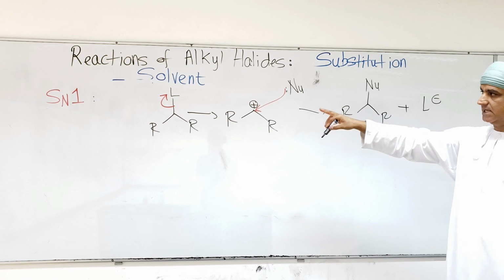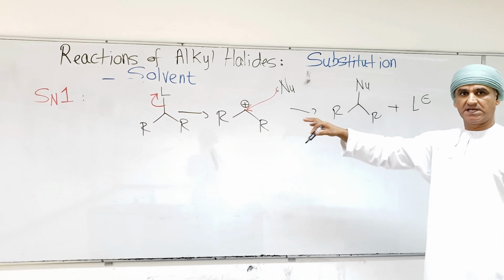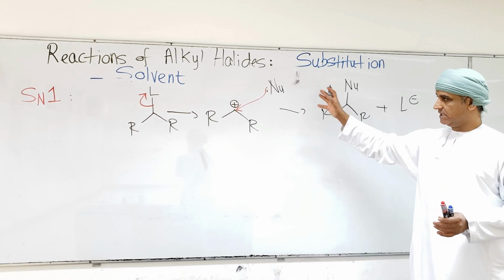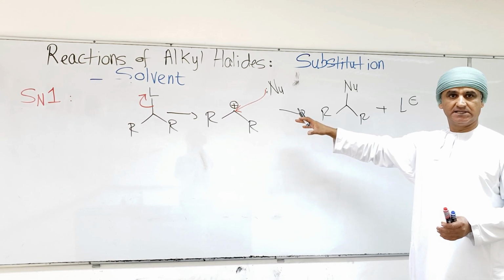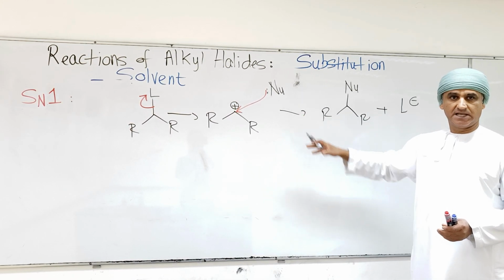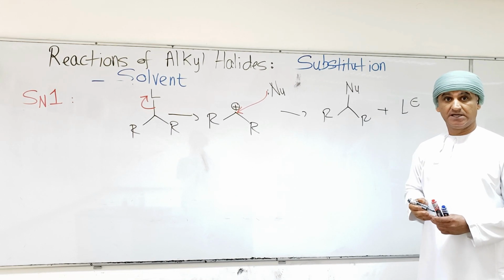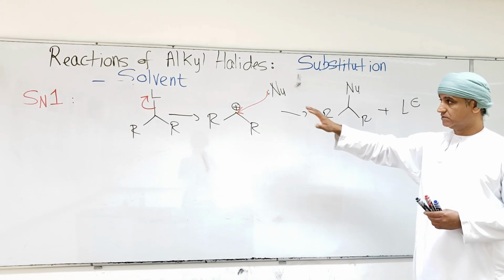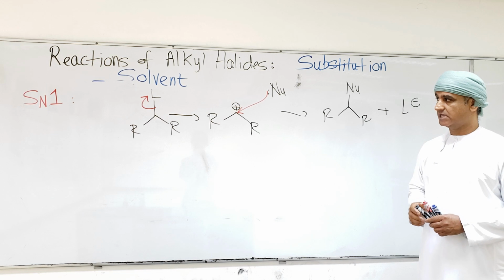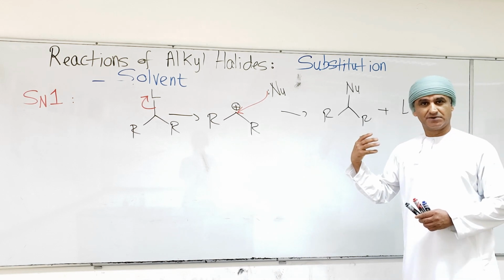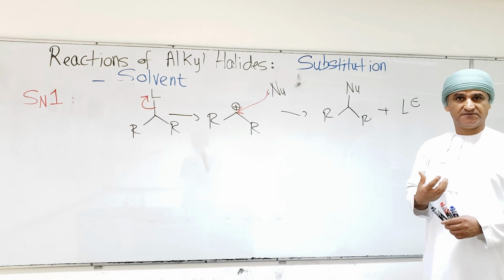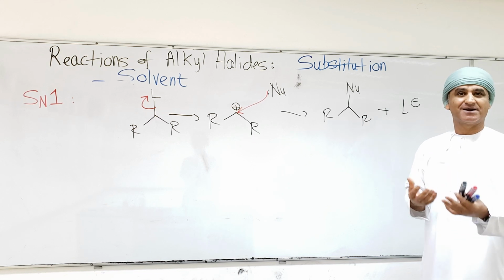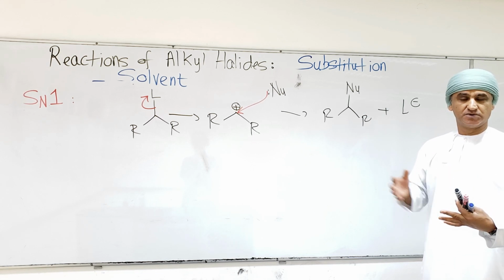So the departure of the leaving group takes place in the first step, and the nucleophilic attack on the electrophilic carbocation intermediate takes place in step 2. This is the two-step mechanism, just for us to remember, and then we try to predict the requirements for solvents to be suitable in this reaction.